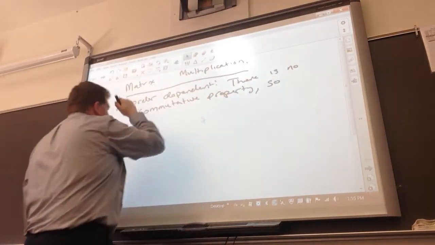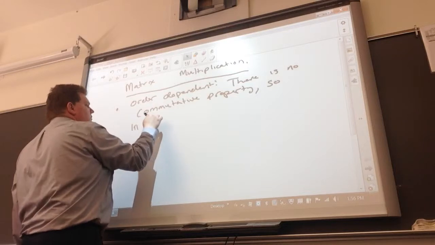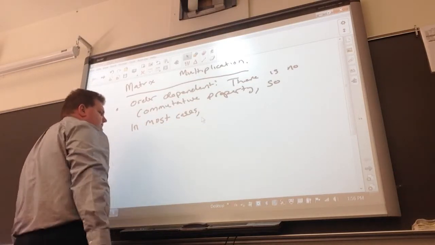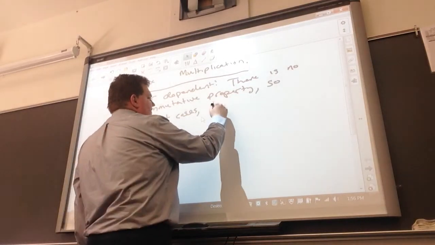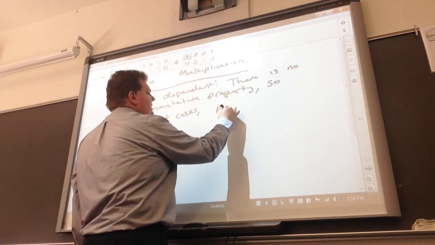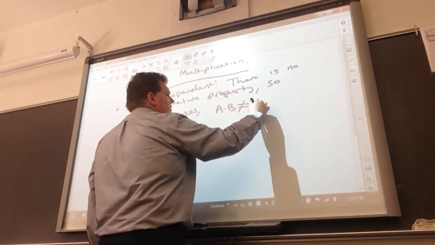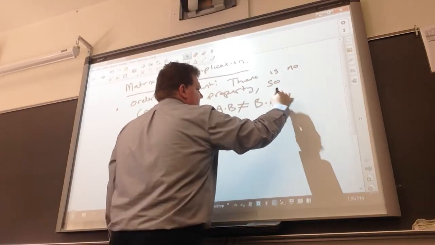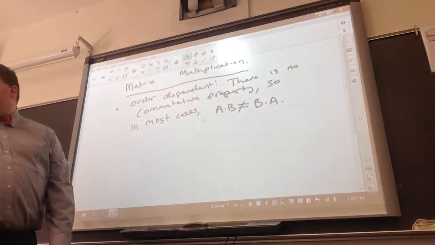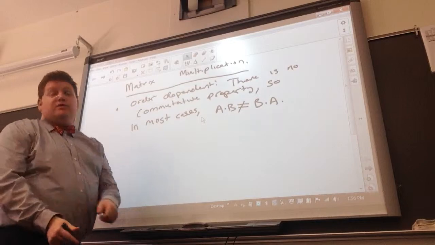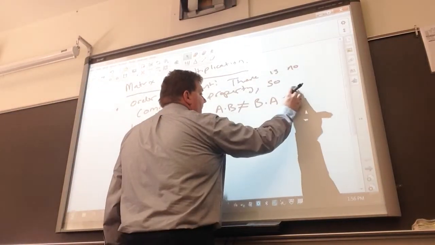So in most cases, matrix A times matrix B does not equal matrix B times matrix A. That's a bit different than what we're used to, and it's certainly different than addition, which was commutative all day long.